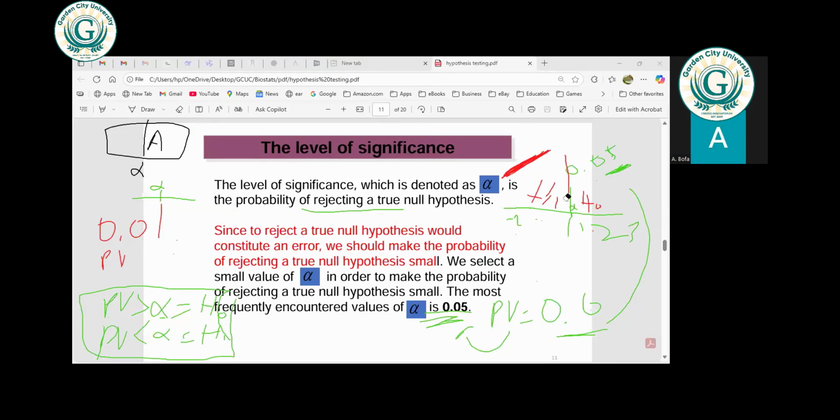Do you get it? And then he or she can also write R here. Meaning that if a value falls at the left-hand side of alpha, it is R. What does R stand for? You are rejecting the null. If you are rejecting the null, then it means that you are going for the alternative. And that is what is being stated here. And then the right-hand side is A. What do we have for A?